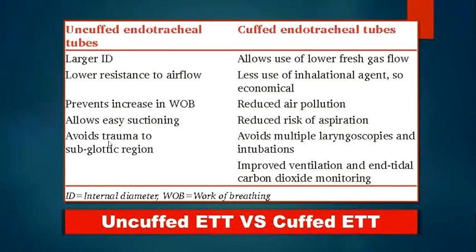It may cause inhalation and aspiration. So the cuffed type reduces the risk of aspiration. It also avoids multiple laryngoscopies and intubations, and improves ventilation and end-tidal carbon dioxide monitoring. These are the differences between both types.